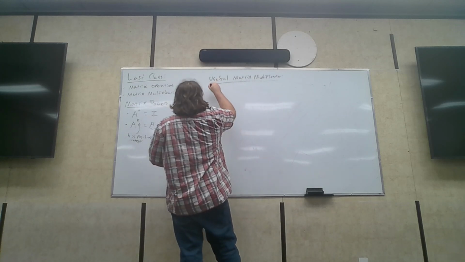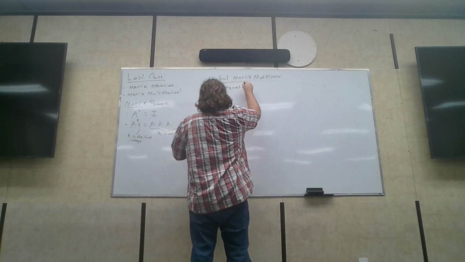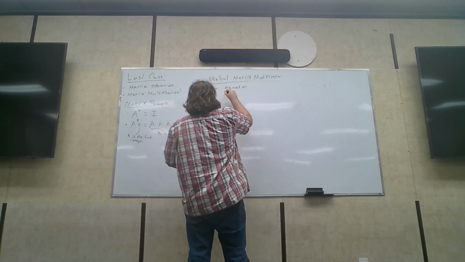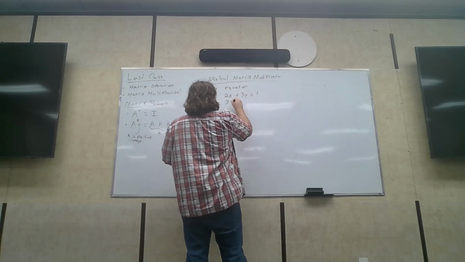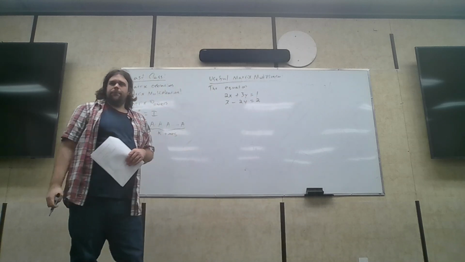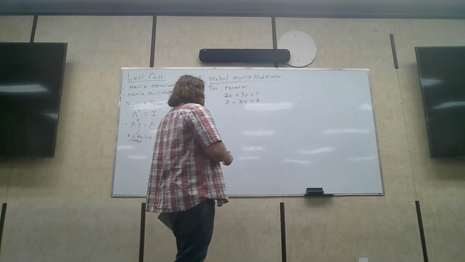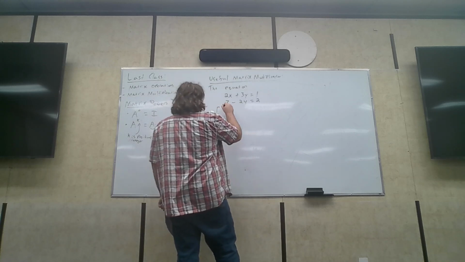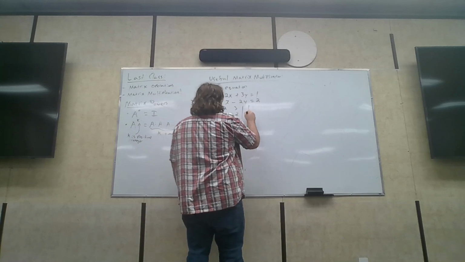Let's say the equation, I'm just going to write down an example because I have it written down in my notes with the general stuff. So let's just say 2x plus 3y equals 1, and x minus 2y equals 2. So we've got these equations, right? We know that we can write this as an augmented matrix, right? So we could write this as 2, 3, 1, 1, minus 2, 2.